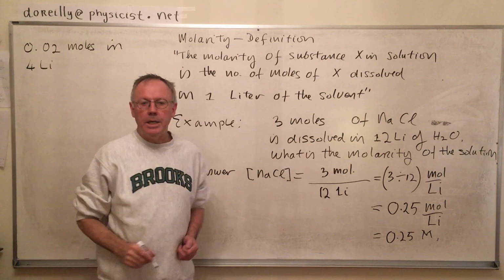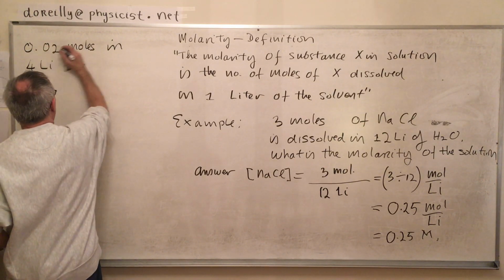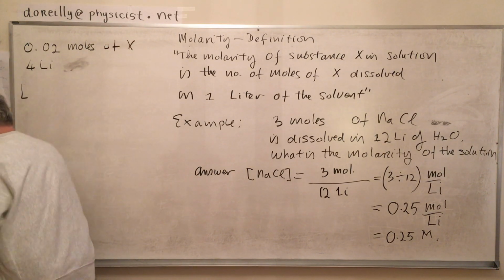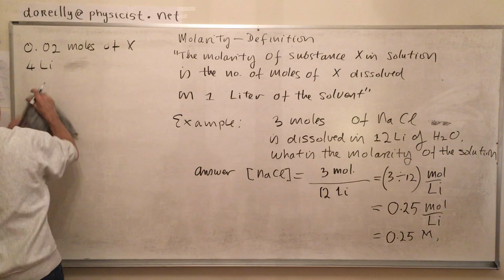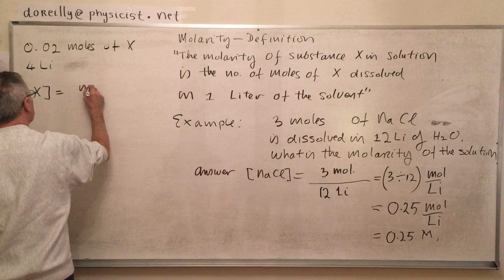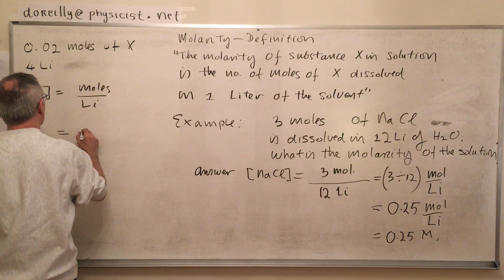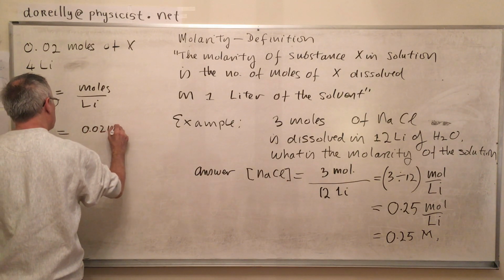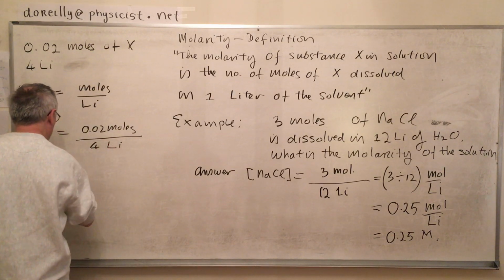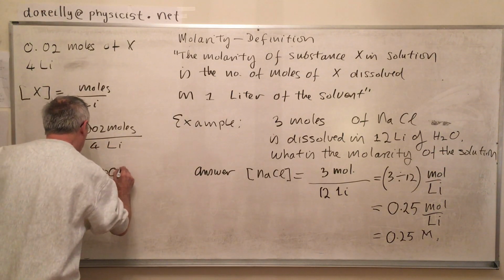0.2 moles in 4 litres, M of X. Now 4 into that goes 0.05 times.